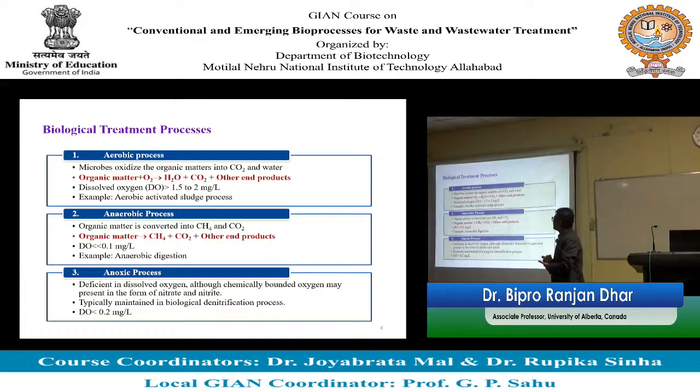They can use organic molecules as electron acceptors, and in most anaerobic processes, organic matter or organic contaminants can be converted into carbon dioxide plus methane. Organic matter is degraded by anaerobic microbes, and you get methane, carbon dioxide, and there could be other end products.